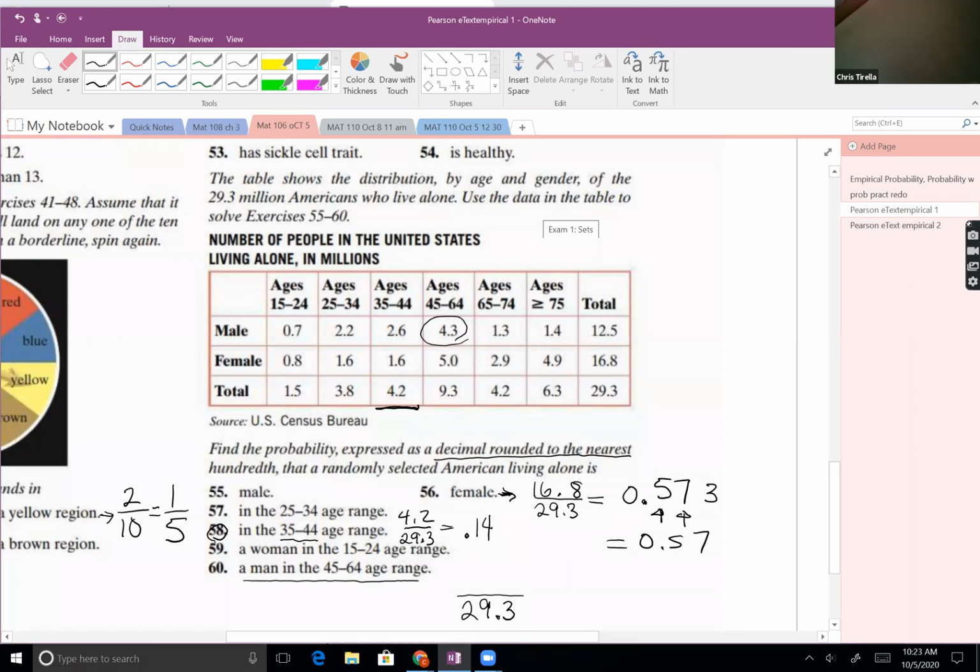Is anybody else getting 4.3? When I do that division, I get 0.317. It would round to 0.5. Oh, wait, I did the wrong thing.